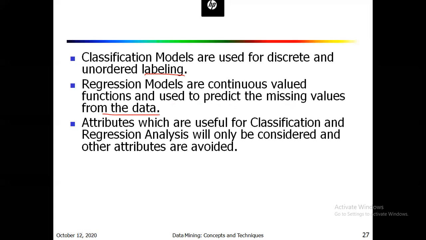For example, if data has some missing value, you can predict the value of the data. Not all attributes of an object are interesting for classification and regression analysis, and those which are not interesting will be avoided.